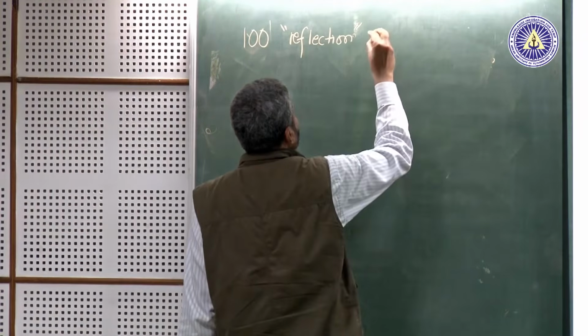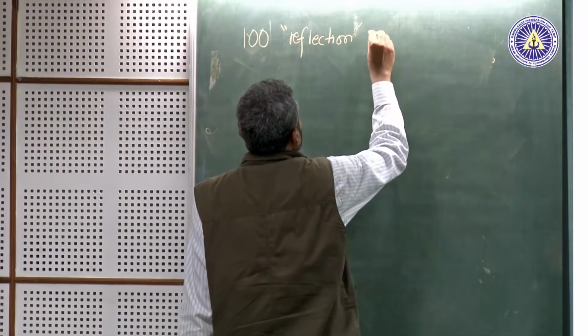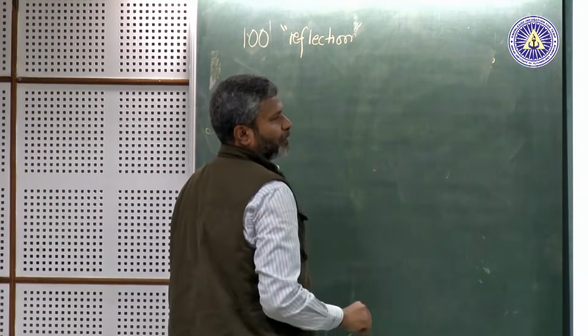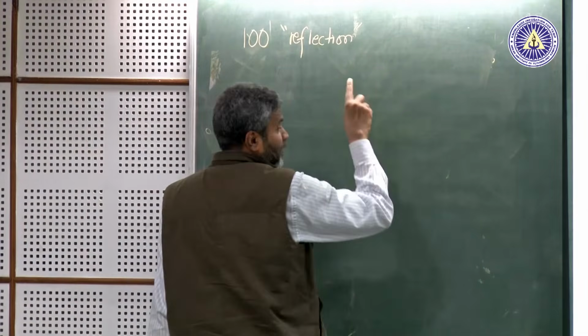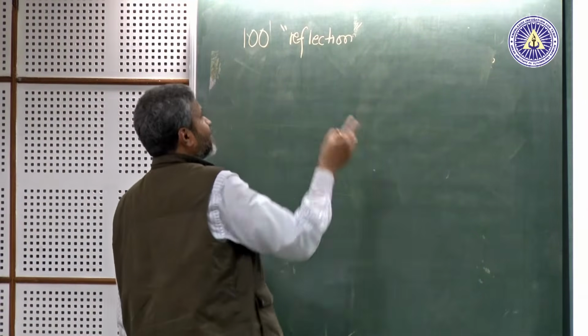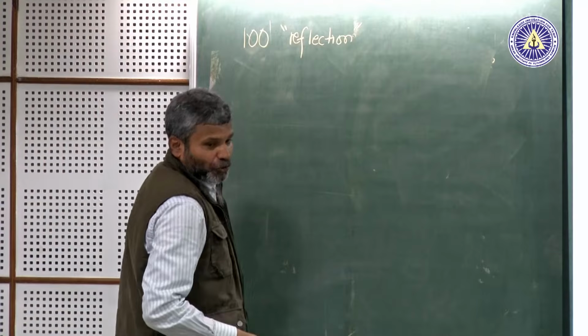So, 100 reflection means that the diffracted beam is reflected from the 100 plane.